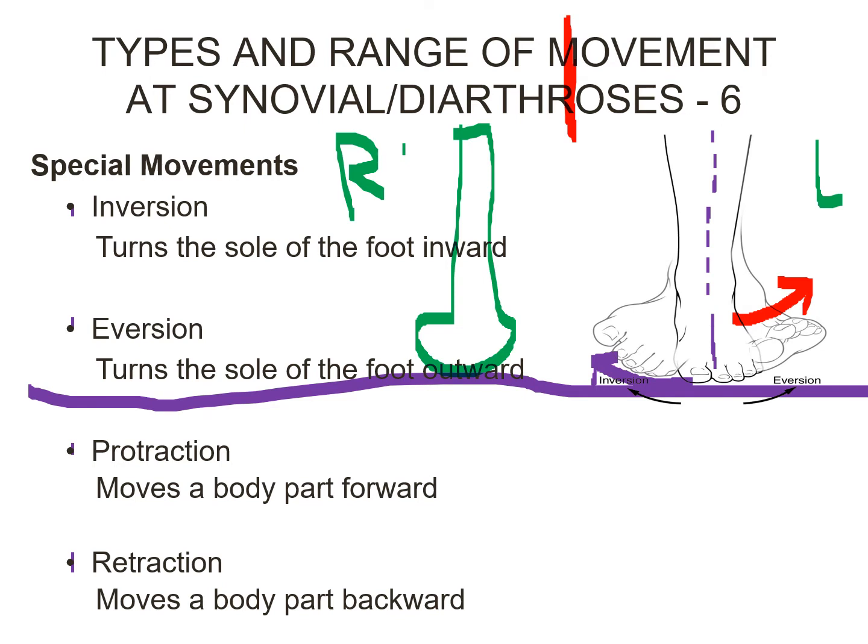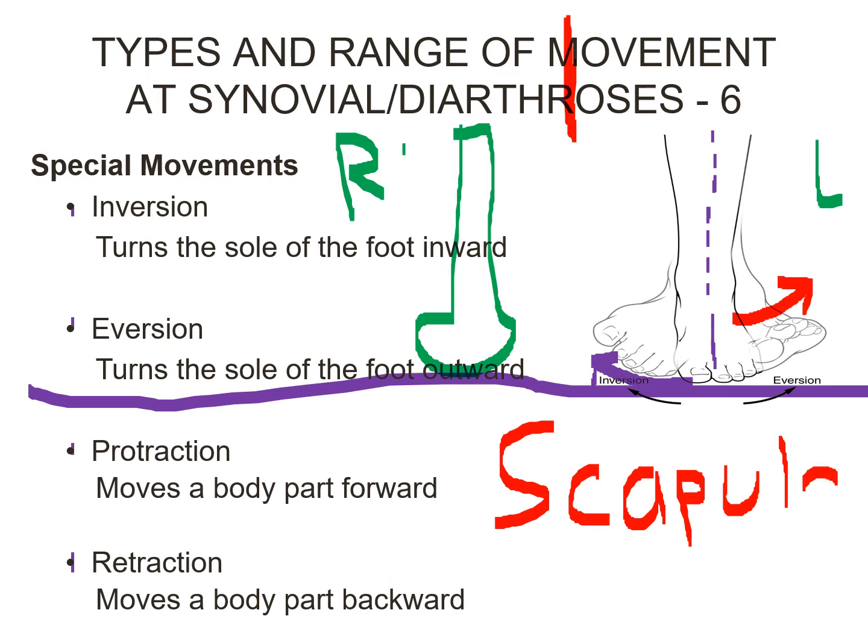As you can see, protraction is moving a body part forward. The two easiest locations in the body where we have this are in the scapular regions, the shoulder blade, and your jaw. Jaw's a little hard for me to do, but some of you can probably do it.